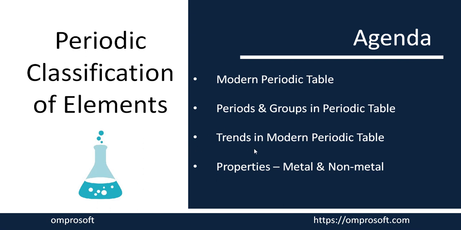Next one, trends in the modern periodic table, which include atomic radius and valency, and their effect on element properties across a period and group. And the last one is properties of metals and non-metals on the basis of their physical and chemical nature. So these many topics I have covered in this course.